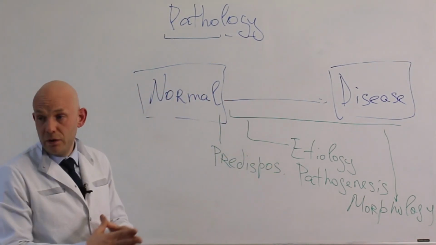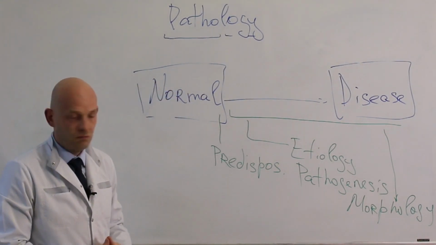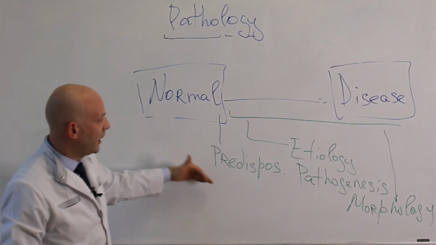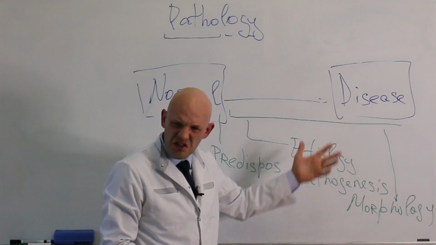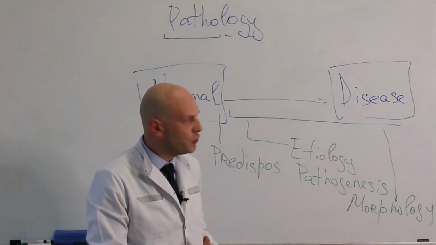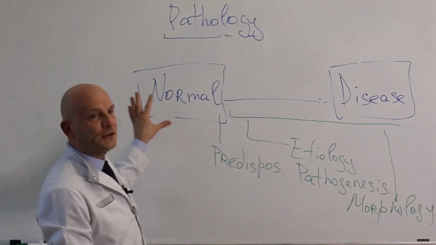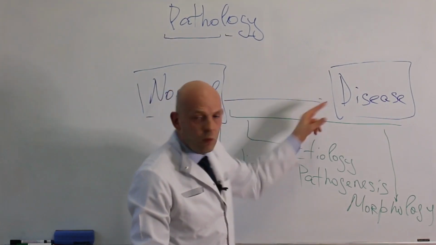Let me provide you an example. We have the normal state of the organism. Then we have predisposition factors, causative factors like etiology. We have the mechanisms of the development of the pathological states, and finally the normal state converts into the disease. And there is a long way.